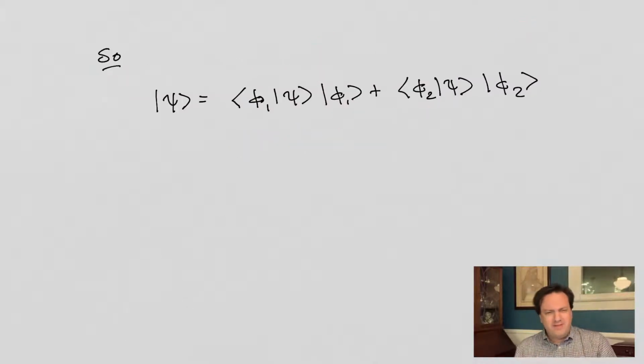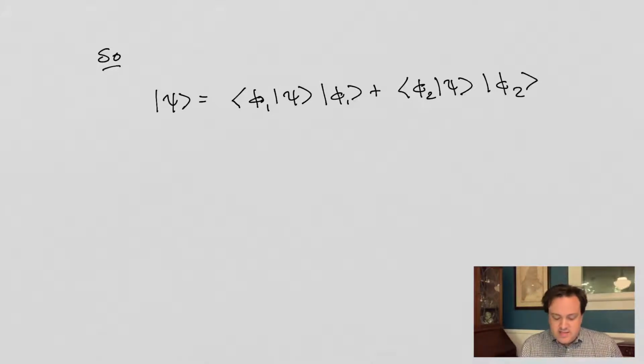Well, what we haven't really done yet is play with that backwards, right? And take that definition of alpha and beta as inner products and plug them back into my state. Now it's a little funny to see it this way because there's no more alpha and beta in here, because I've replaced them with the inner product of phi1 with psi.